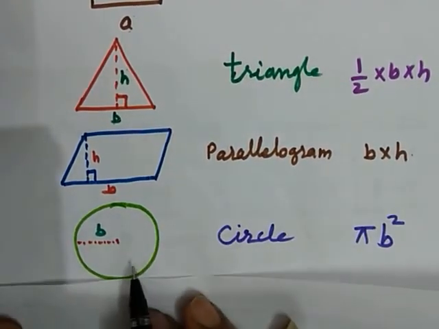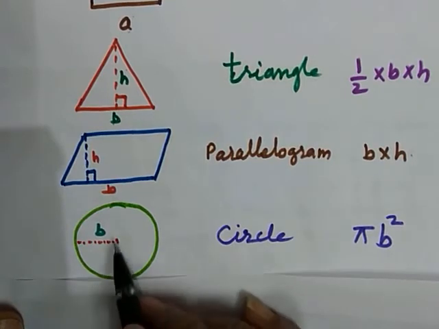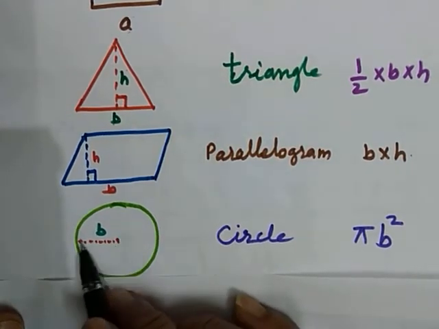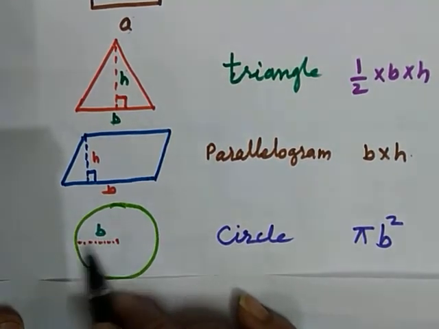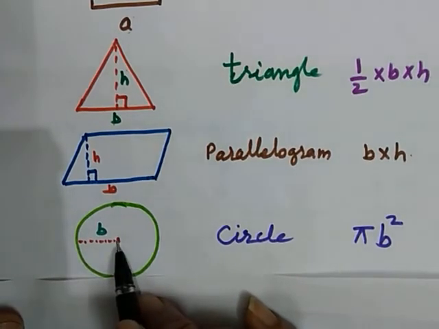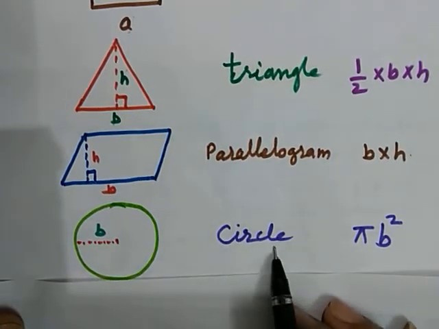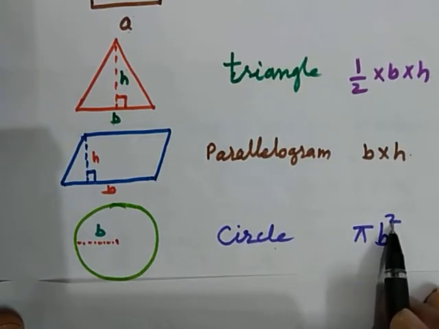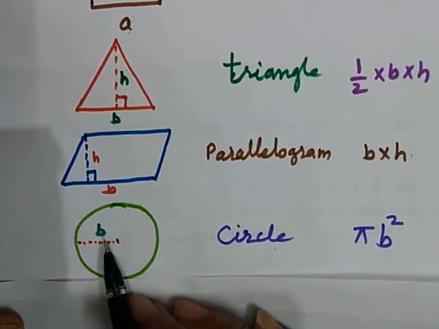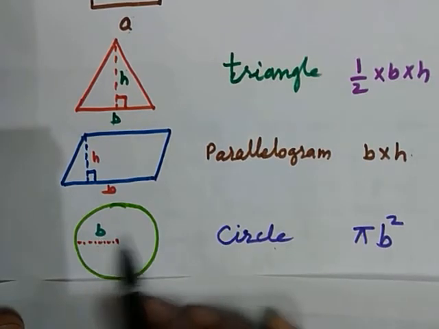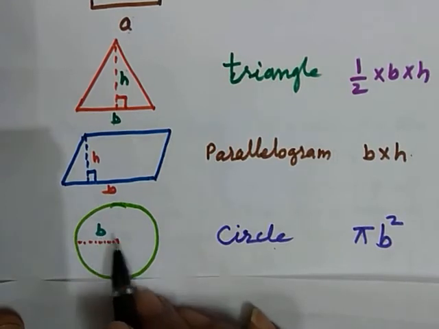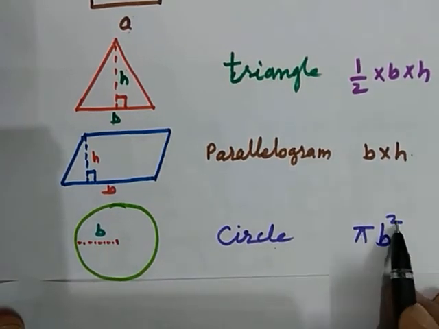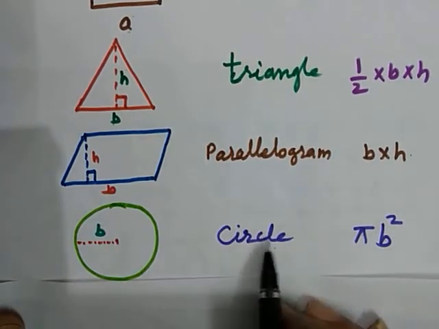Now here is the circle. This is the center of the circle and this is the radius B. B is the radius of the circle. So the area of circle is pi times radius square. If the radius is r, then we say pi r square. But here the radius is b, so we say pi b square is the area of the circle.